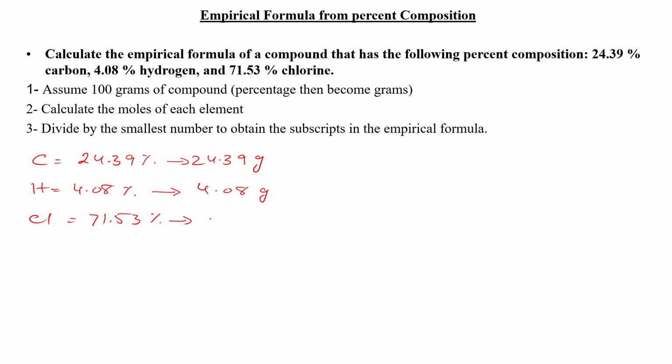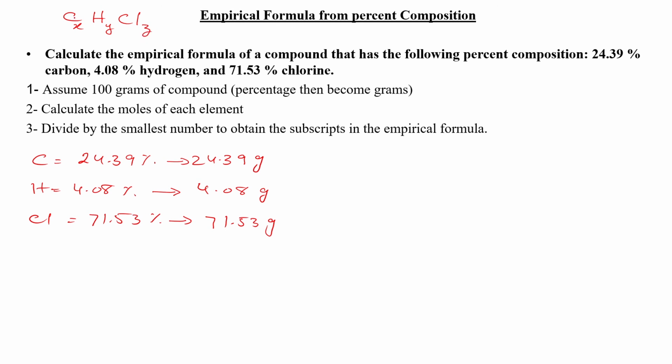And same is for chlorine. So once we assume that we have 100 grams of compound, all these percent signs will change into grams. Once we have grams, for the empirical formula, we have carbon, hydrogen, and in this case, chlorine. We actually need to find these X, Y, and Z, right?